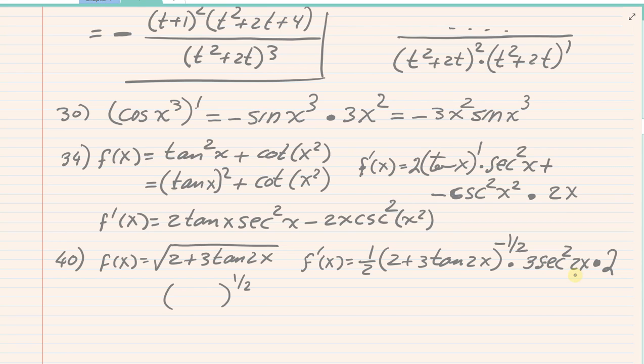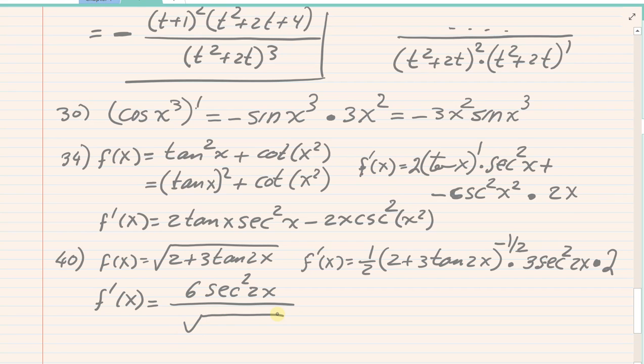And there you go. So let's bring this home. Again, clean this one up. So f prime of x, the negative exponents, remember, those go in the denominator, right? So this is going to be 1 over 2 times 3, that's 6 secant squared 2x divided by, and I'm going to put the parentheses in the denominator, and in number 40 we're going to use a square root.